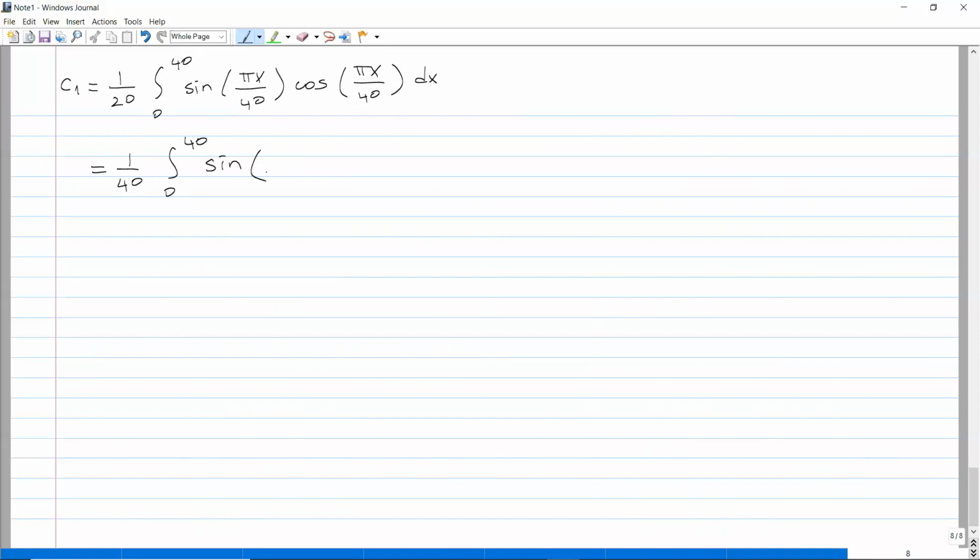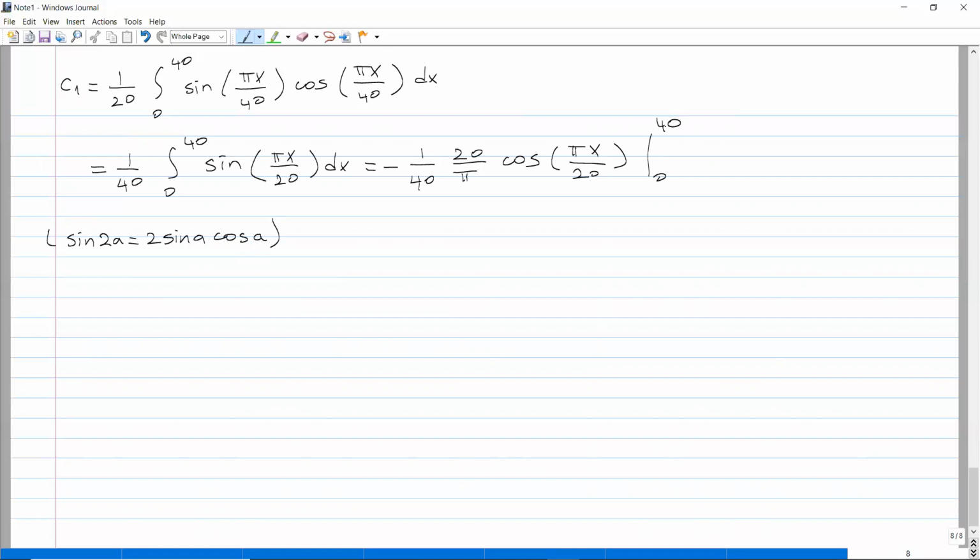Remember, sine 2A is 2 sine A cosine A. This is what I use. So 1/2, I have 1 over 40 sine of 2 pi x over 40, so pi x over 20. Again, the antiderivative is minus 1 over 40, 20 over pi cosine of pi x over 20 from 0 to 40.